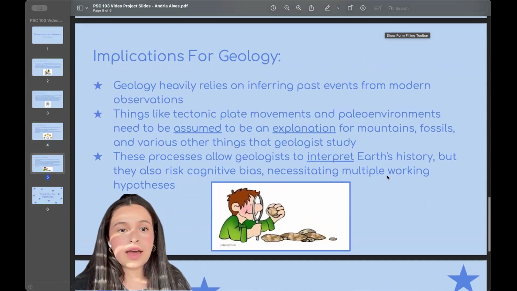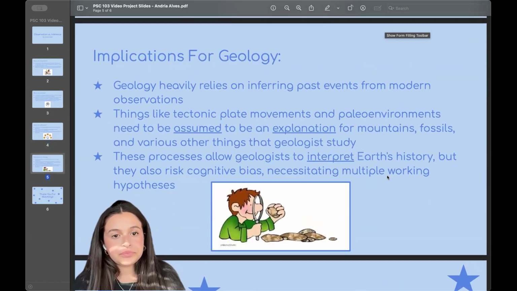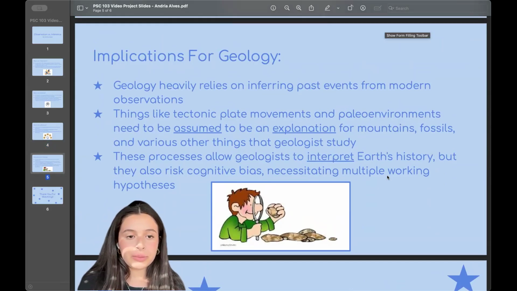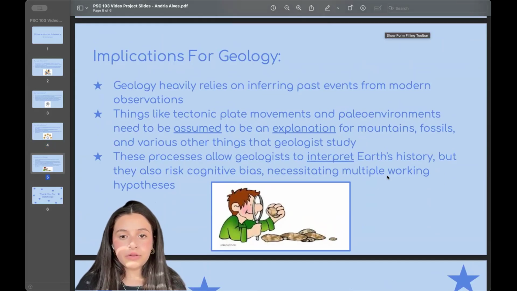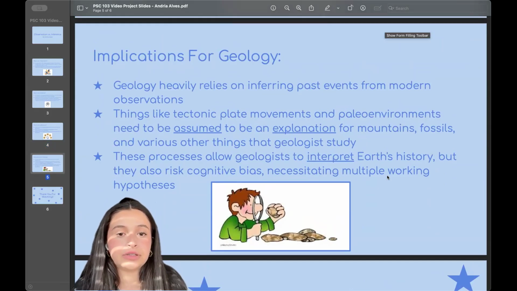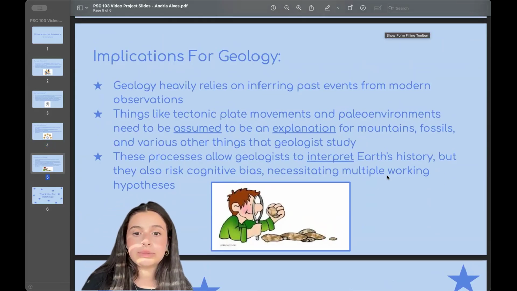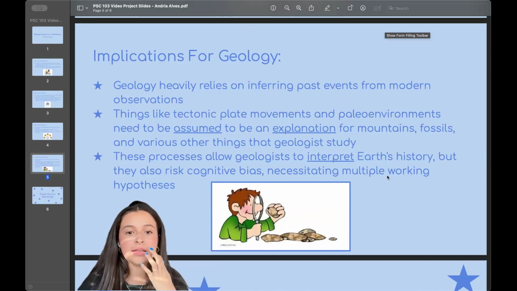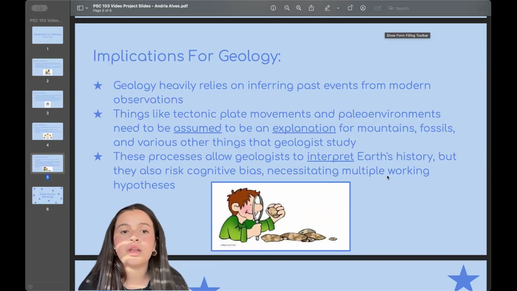The implications that these have on geology. Geology heavily relies on inferring past events from modern observations. Things like tectonic plate movement and paleoenvironments need to be assumed to be an explanation for mountains, fossils, and various other things that geologists study.